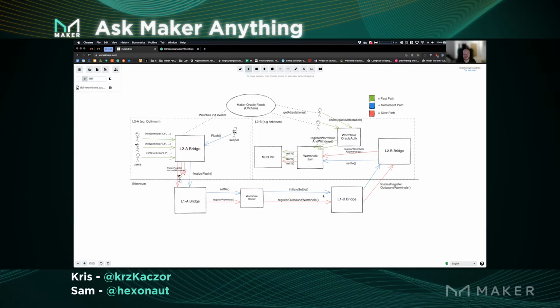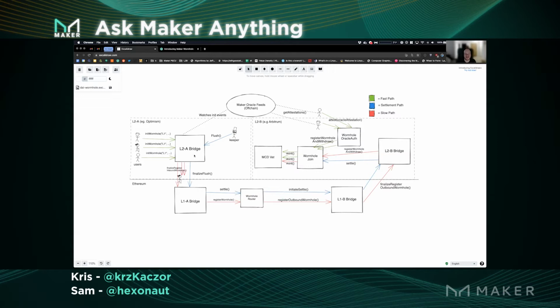So what happens under the hood is that we have a network of keepers that will periodically flush the DAI that was burned on the originating domain and move this DAI slowly to the destination domain.